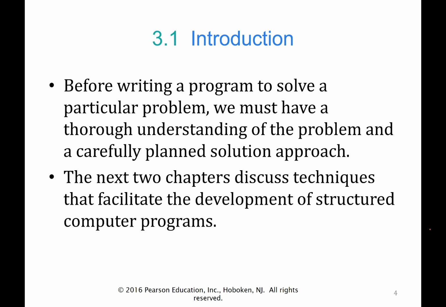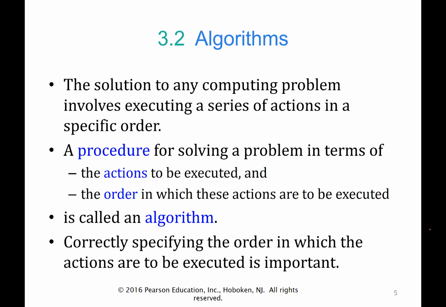So there are 2 chapters assigned to it, and we're going to kind of go through them. An algorithm is a fancy term to mean a recipe or a set of instructions. The solution to any computing problem involves a series of actions in a specific order. You're going to bake a cake.